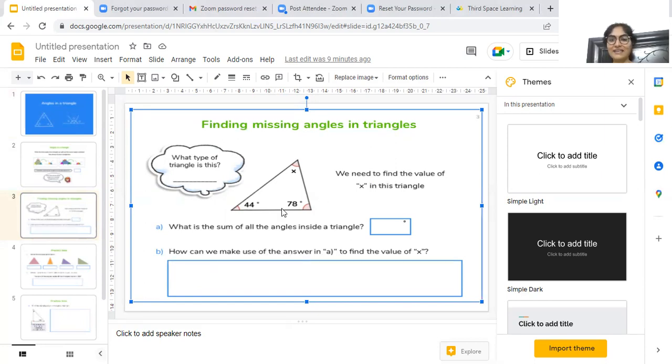First, we'll be adding these two, and then we'll be subtracting the sum of 44 and 78 from 180 degrees, right? So basically, we can also say that 44 plus x plus 78 gives us 180 degrees, and from that, you said that we can use the inverse.